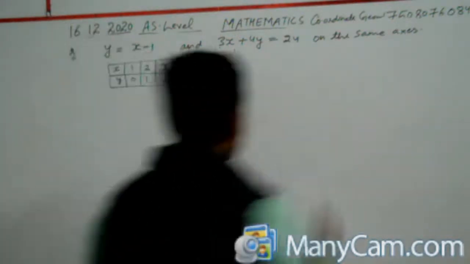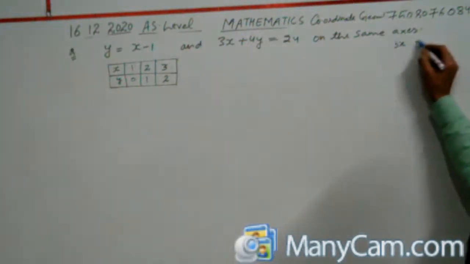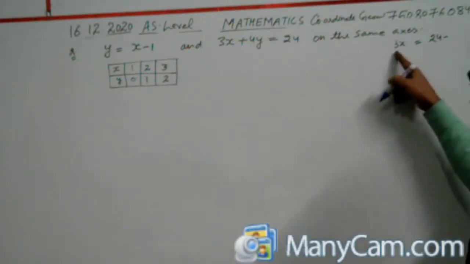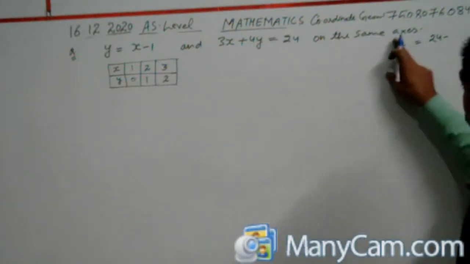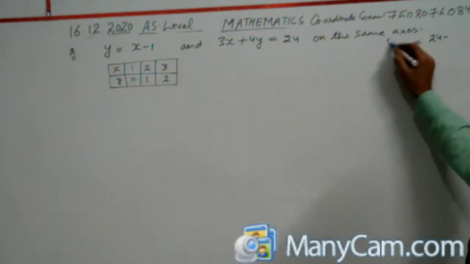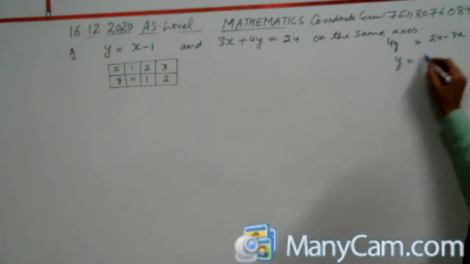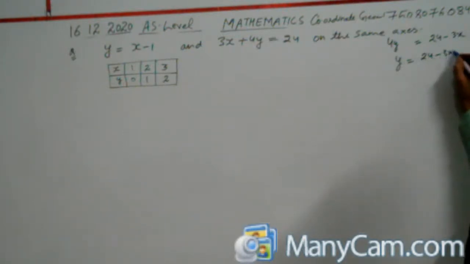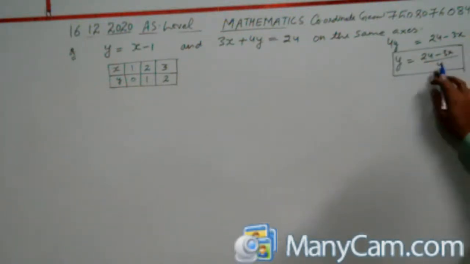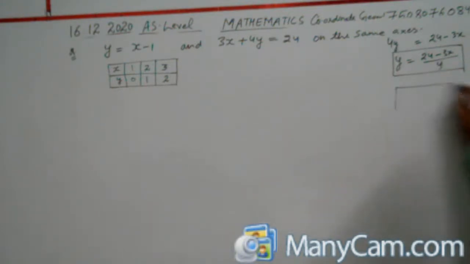And same for this equation. If I am substituting here, 3x plus 4y is equal to 24, in terms of y, I will write 4y is equal to 24 minus 3x, and y is equal to (24 minus 3x) divided by 4. From here, we will find the values for this line.